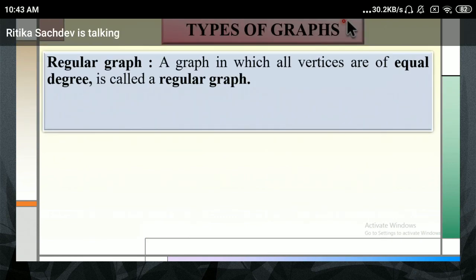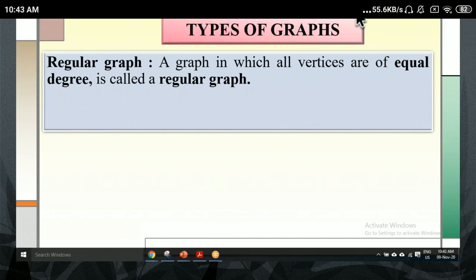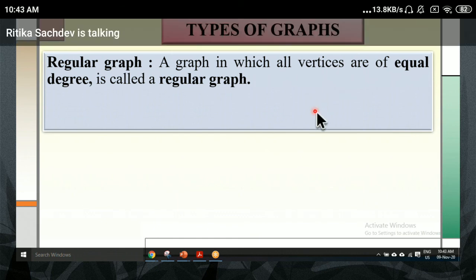Then we proceeded further with a regular graph. A regular graph in which all the vertices are of equal degree is called a regular graph. That means in case I have 5 vertices and every vertex has degree 2, then we call it a 2 regular graph.